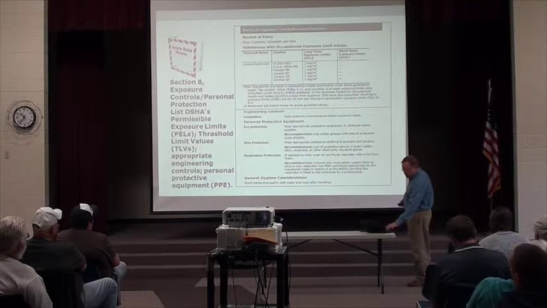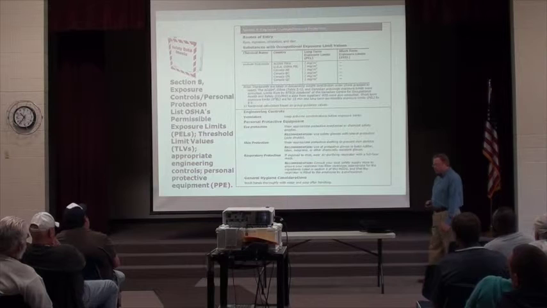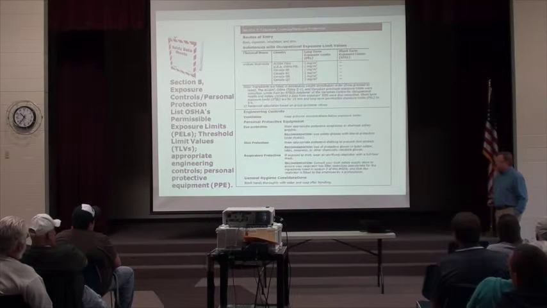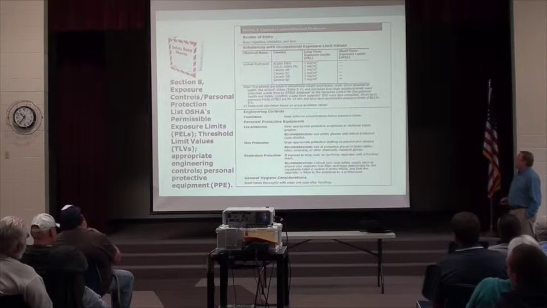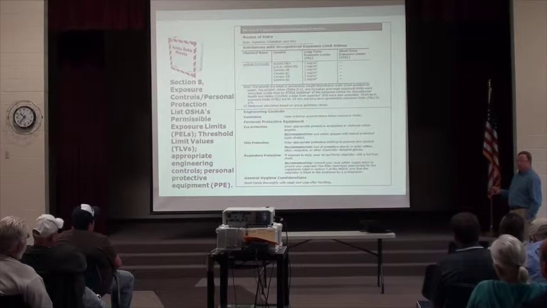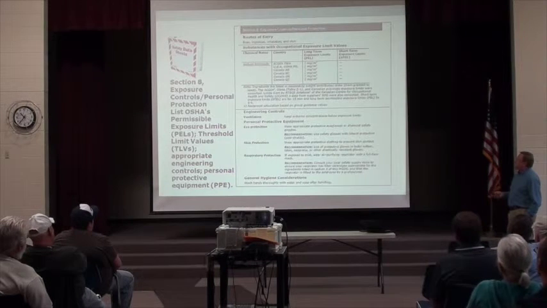In the next section, section 8, here's where you're going to find out about your personal protective equipment and engineering control. In this particular one, you can see it's telling you up here at the top the routes of entry. Sometimes they repeat themselves, and this is good. It tells you eyes, ingested, inhaled, the skin.